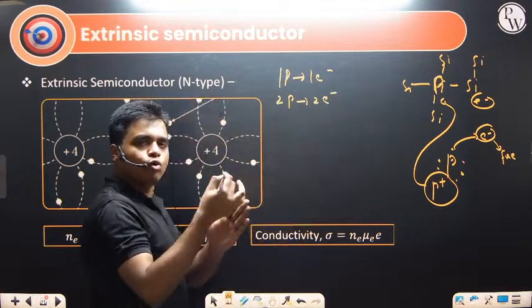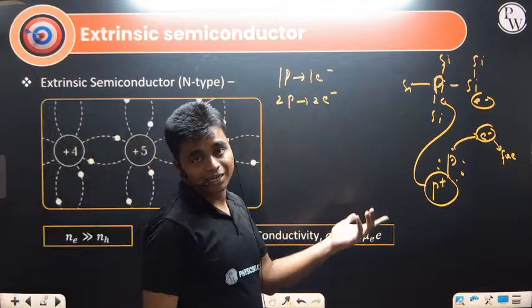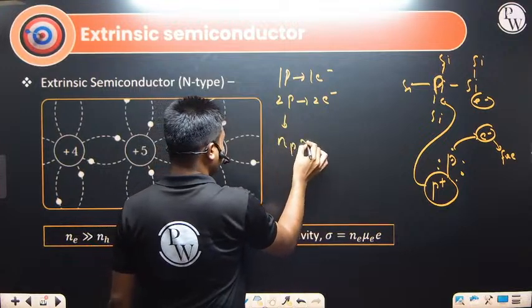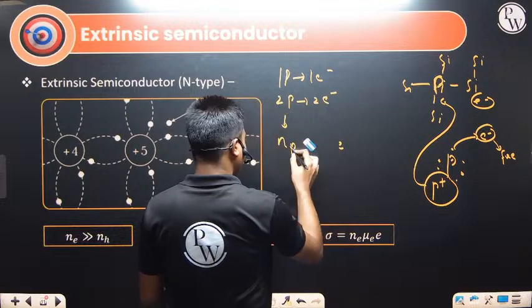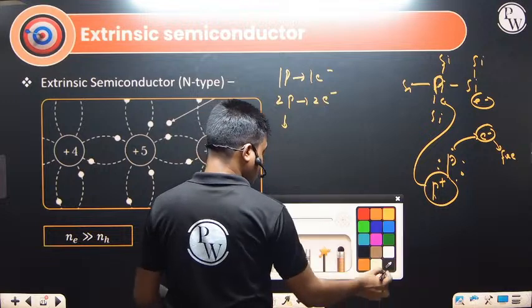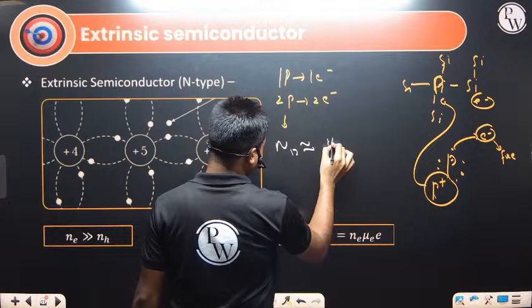As we are doping more and more with phosphorus atoms, the number of electrons will keep on increasing. So the number of phosphorus atoms equals the number of electrons. This is also what we define as donor ions. So the number of donor ions is equivalent to the number of electrons.